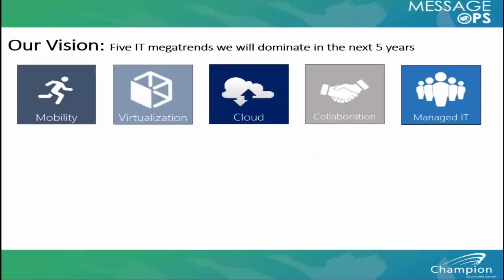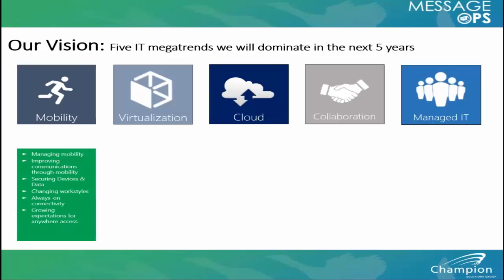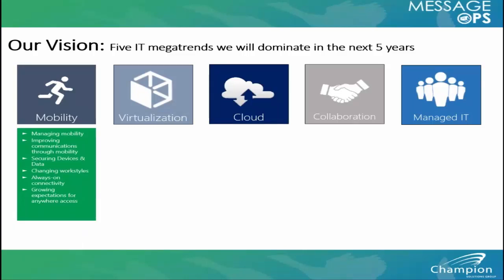Moving on, the vision. What we hope is our vision is that the environment, or the world as IT knows it, is quickly being looked at from different points of view, and what we have done is we've categorized them into 5 major areas. One is mobility.